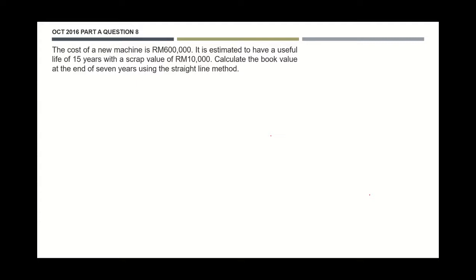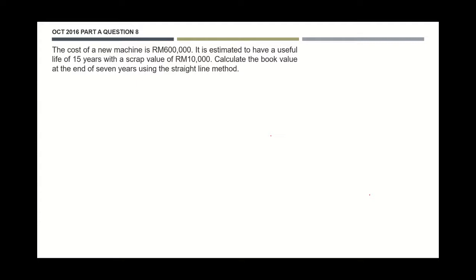So they ask you to find the book value at the end of the 7 years using the straight line method. Okay, if you recall from the previous questions that we have just done, it is quite similar.